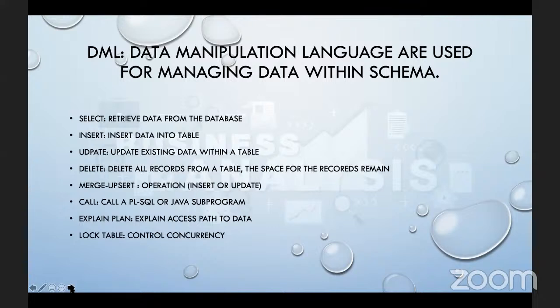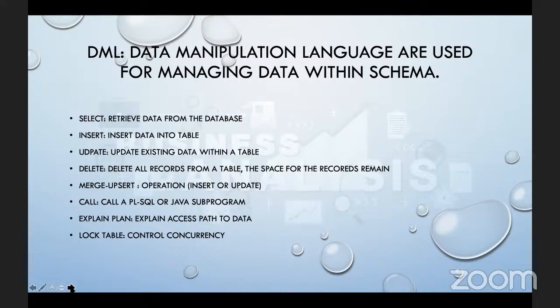We have delete. Now, delete is very, very critical. We don't usually use delete, because we want to be able to have records. And you know that in relational databases, data are connected to different sets of data as well. We have something we call a primary key and a foreign key.